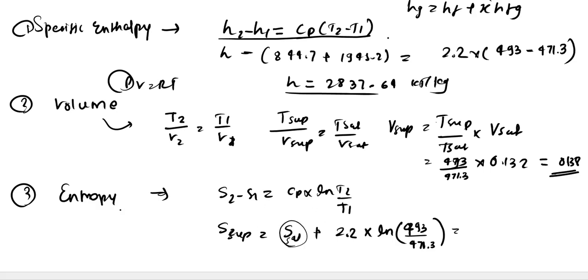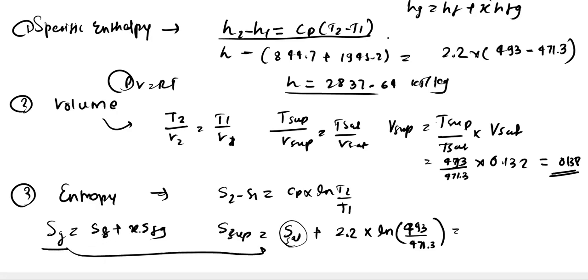At the saturated state, we have Sg equal to Sf plus x into Sfg, with x equal to 1.